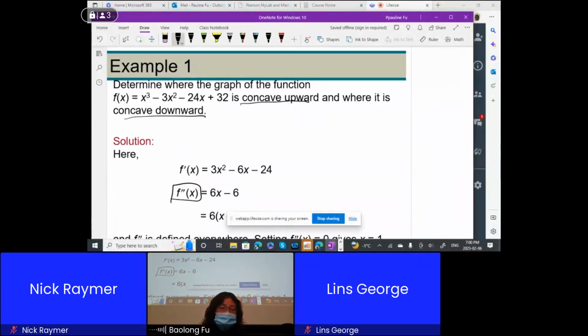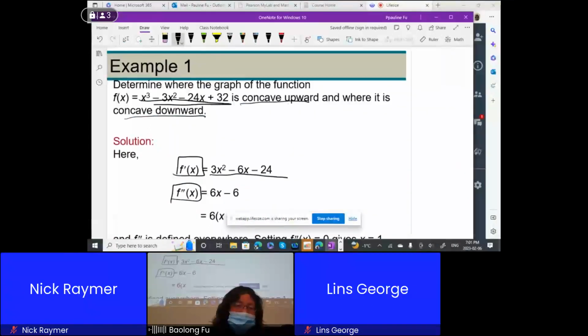To find the second derivative, you need the first derivative. Questions on the first derivative? Polynomial derivative, very easy, okay? This is the original function. Take a derivative of each item. You get this first derivative.